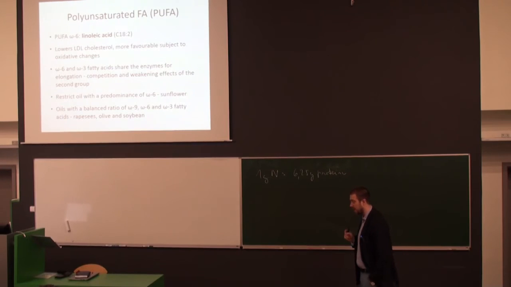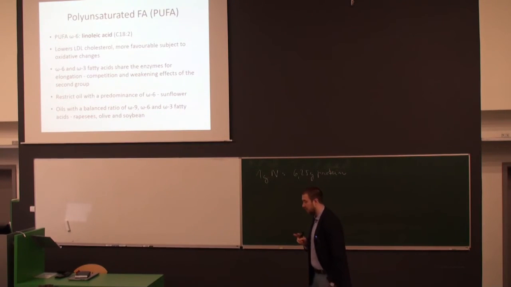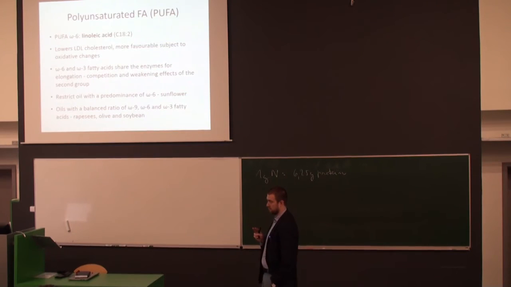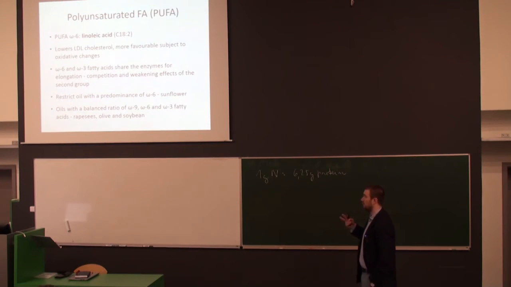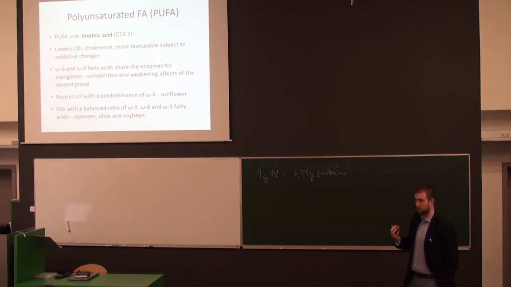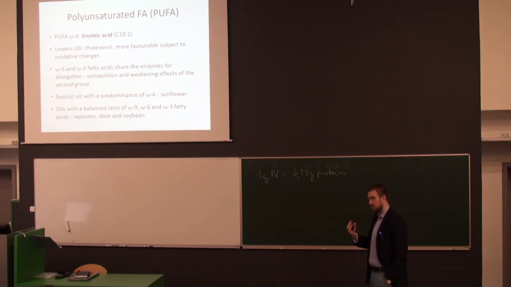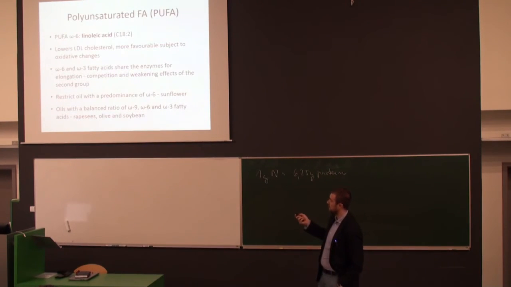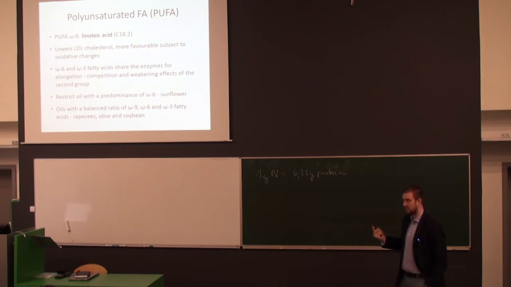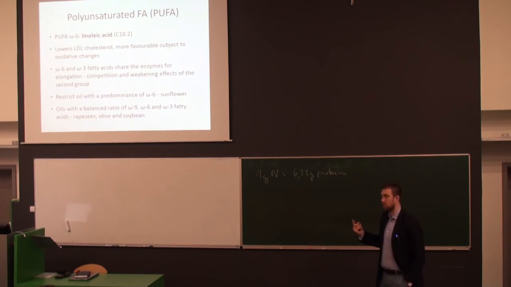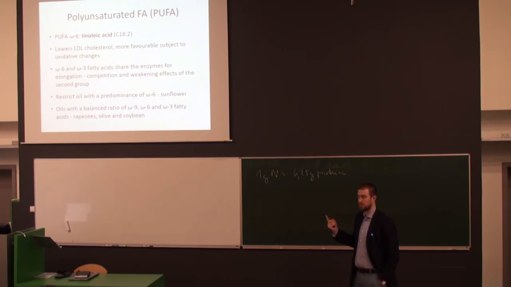Polyunsaturated fatty acids. In the polyunsaturated group, you have two subgroups. You have omega-6 and you have omega-3. Both of them are important for our body. Omega-6 is represented by linoleic acid, and as we have already said, this is the precursor for arachidonic acid, and therefore the precursor of an important group of biological molecules called eicosanoids.